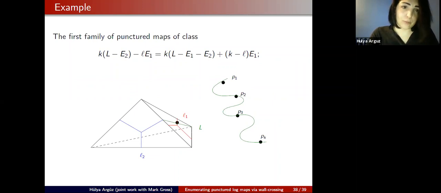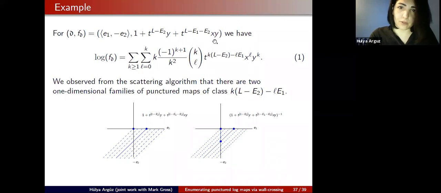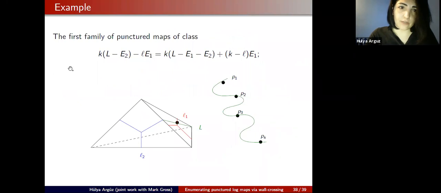So I want to look at maps of class given by the power of the t, so k times l minus e2 minus l times e1.